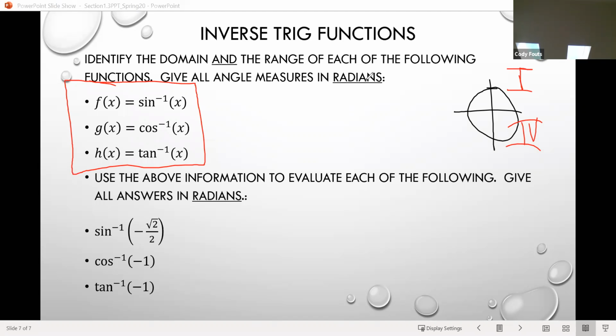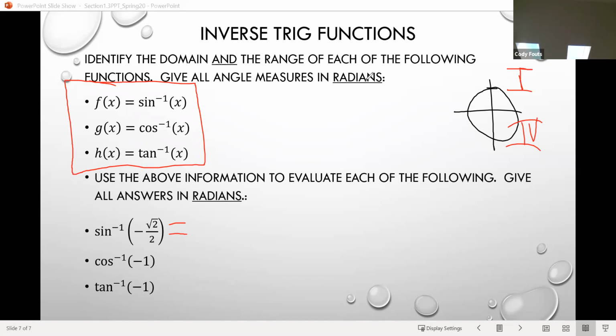So inverse sine of negative root 2 over 2. The negative sign means we're in the fourth quadrant. I'm thinking about where in the fourth quadrant sine is equal to negative root 2 over 2. I know that is true at 7 pi over 4.